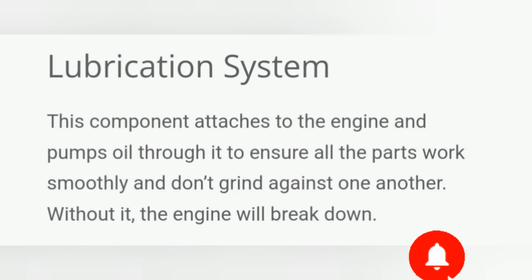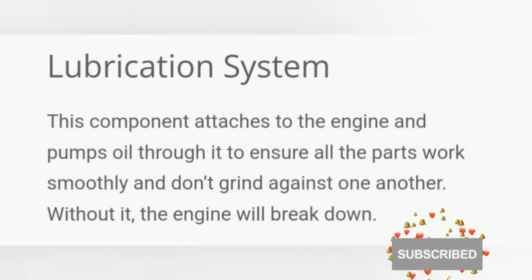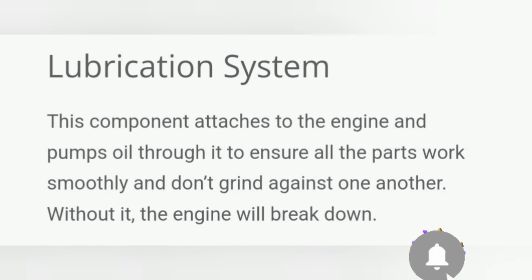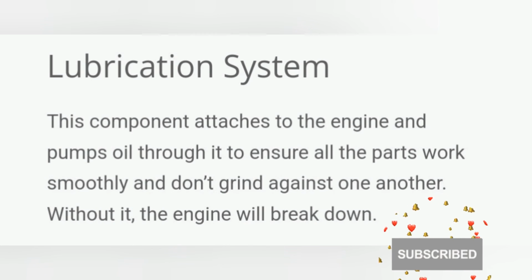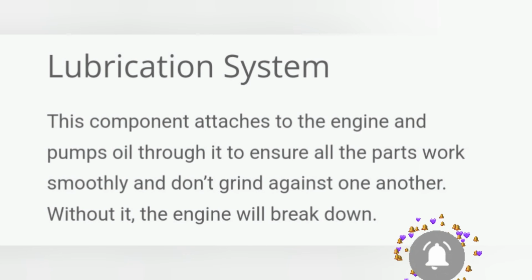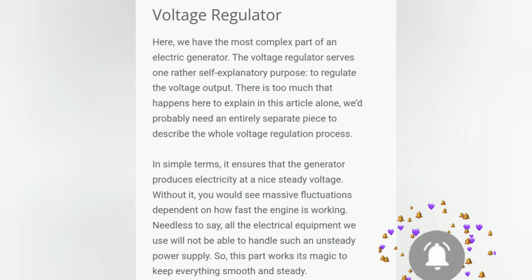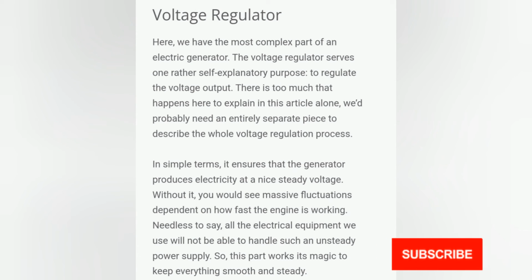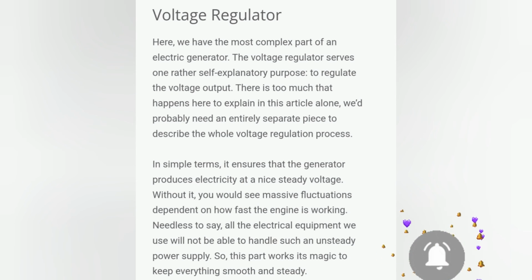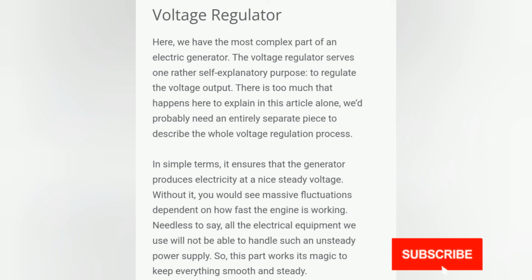So coming to the lubrication system, this component attached to the engine pumps oil through it to ensure all the parts work smoothly and don't grind against one another. Without it the engine will break down. Why? Because the lubrication system will smoothen the parts which are continuously running, and then the parts will run smoothly.